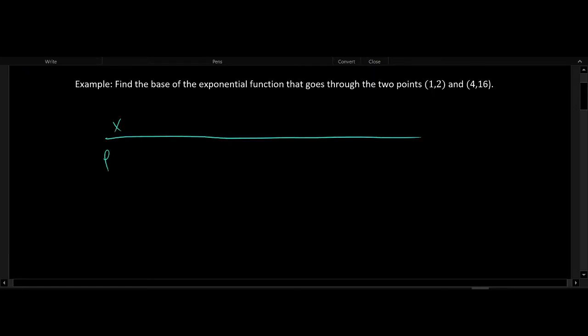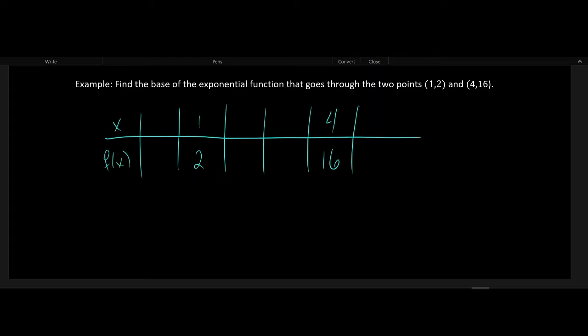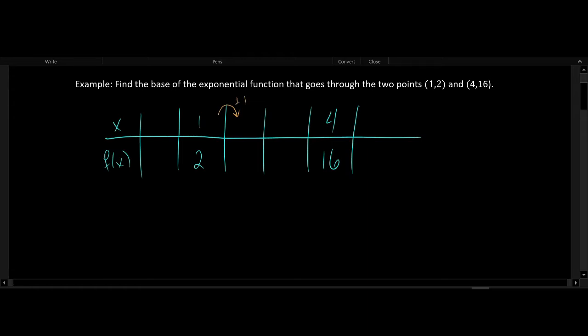So let's sketch a little table. We're told that when x is 1, y is 2. And we're told that when x is 4, y is 16. Now the problem is that just from these 2 points, we can't identify the base on sight because we're not increasing x by 1 to get from 1 to 4.